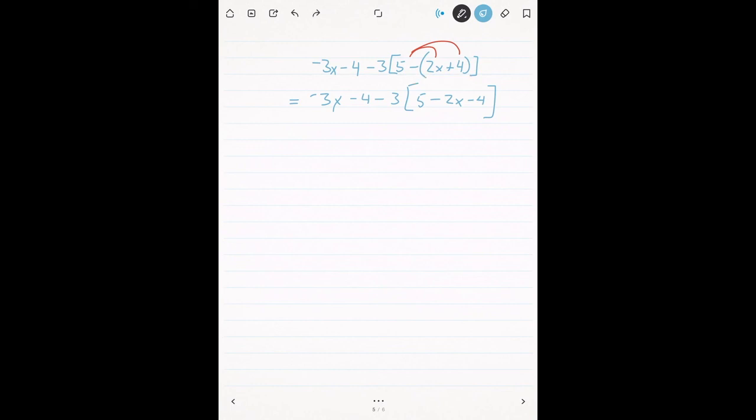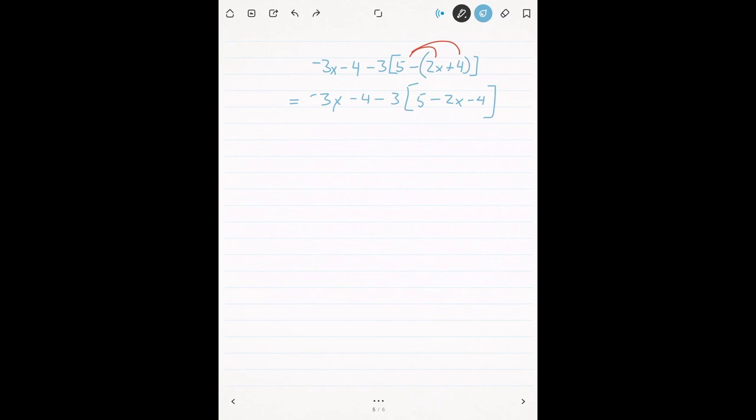I don't like to distribute to the outermost first, because what you're saying to do there is to distribute the 3, and you still don't get rid of the parentheses because you still have to distribute the negative through. My personal preference is to always clear the innermost set of parentheses first.